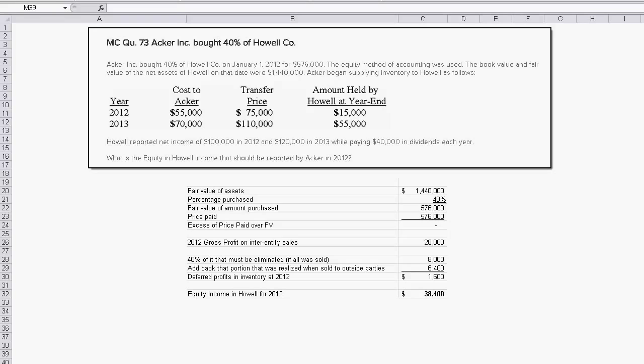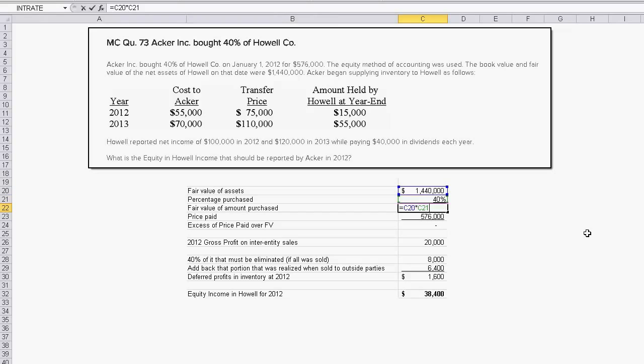They also tell us that Howell reported net income of $100,000 in 2012, and they paid $40,000 in dividends each year. Now, focusing on the question, what's the equity in Howell income that should be reported by the parent company in 2012? Here are the calculations we need to work through. First, they tell us the fair value of the assets is $1,440,000. We acquired 40%.